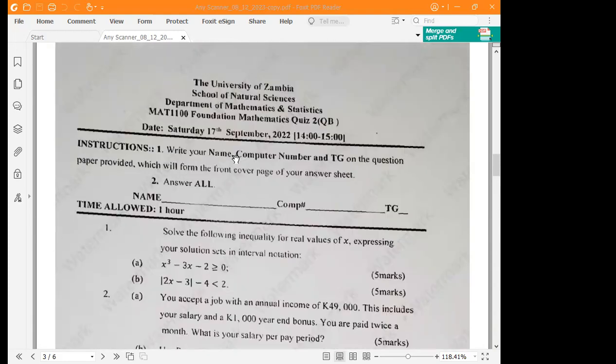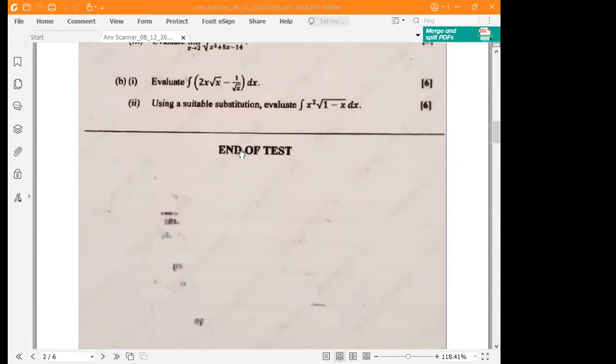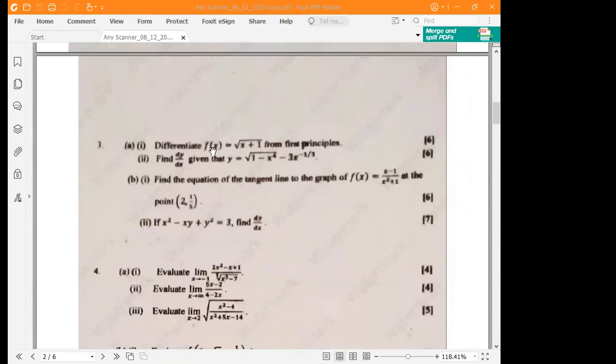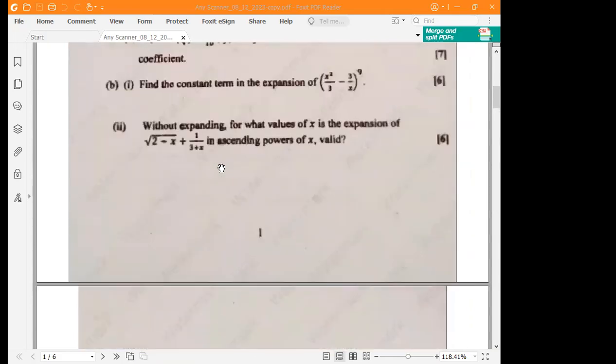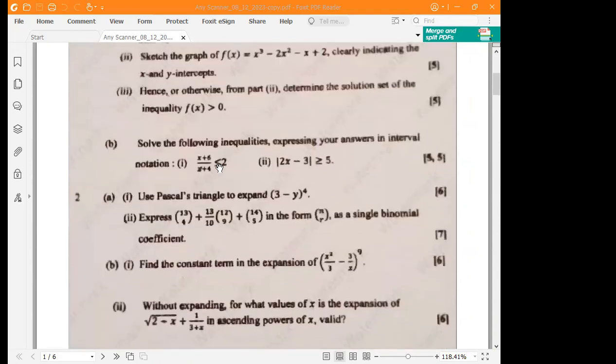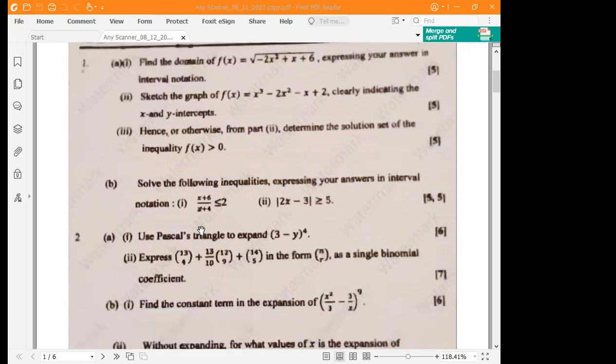And also the test was helping us to revise integration here, the limits, differentiation here, binomial here, some inequalities, some polynomials here, and some expression of the domain of the root function. But you know, the coverage of the test also has trigonometry, which is not covered here.